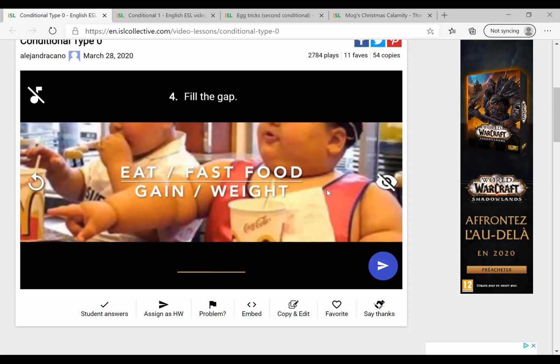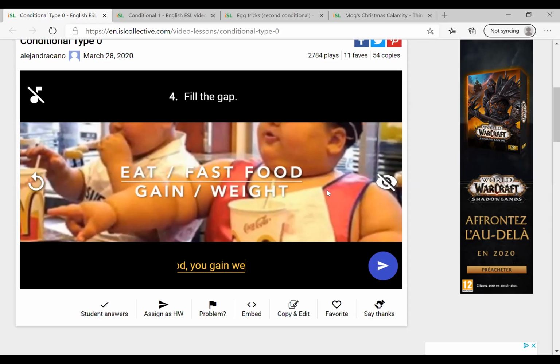Florence? If you eat fast food, you gain weight. Very good. If you eat fast food, comma, you gain weight. Here it's a verb, also important. Gain. You do not become fat, it's another level.